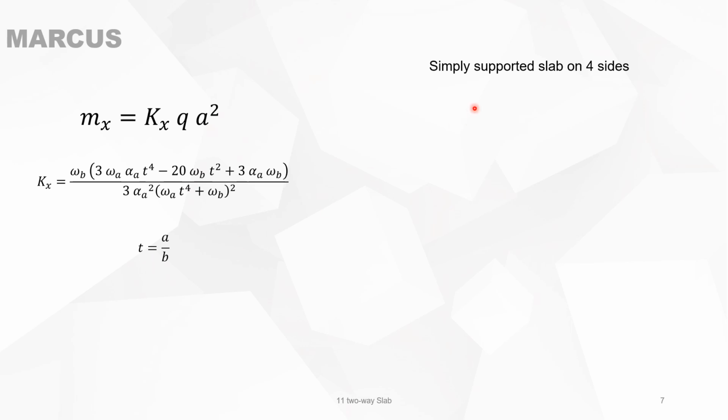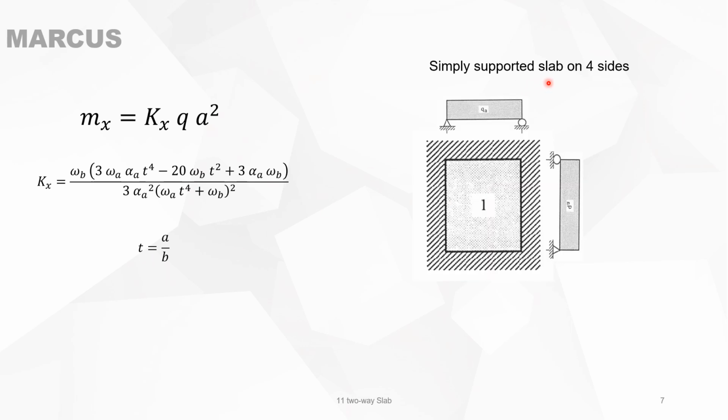Now you can, for instance, use a simply supported slab on four sides with the size a and b, and then you know that alpha a is 8, because it's q l squared over 8, and omega b in the b direction is 5, and in the a direction is also 5. You fill this in this formula, and you obtain the Kx as a function of t.